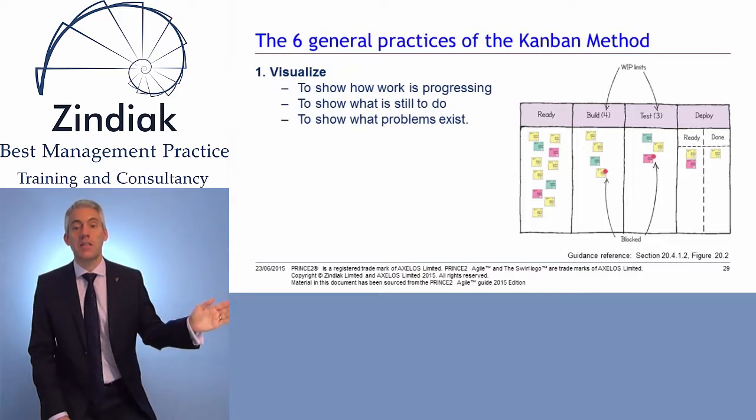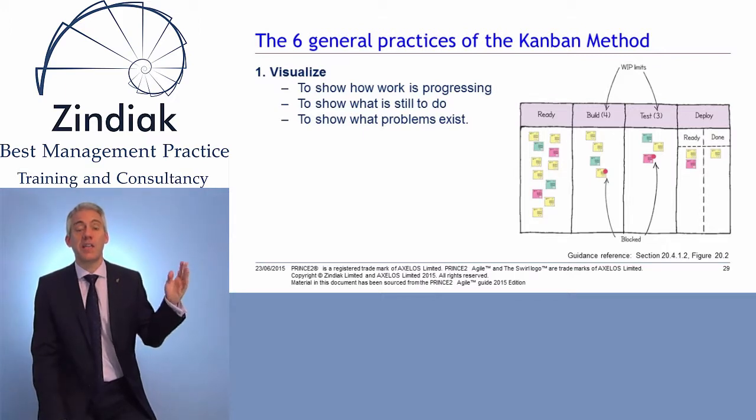build, test, deploy. The first thing to say is the first column, ready, might be a little counterintuitive. The items in the ready column are products that are ready to be built. That is, in PRINCE2 terms, they have a completed, signed off product description, so they're ready for the development team to work on.